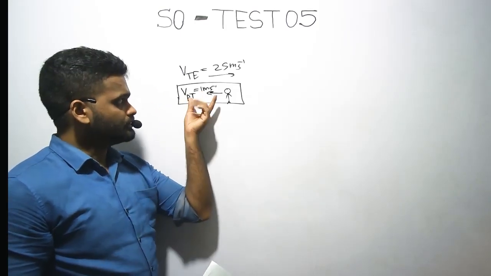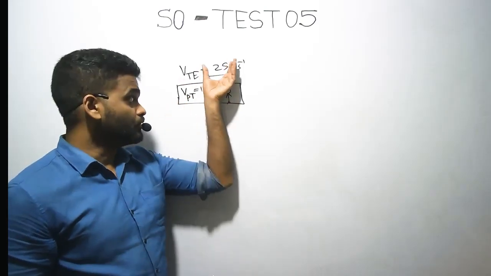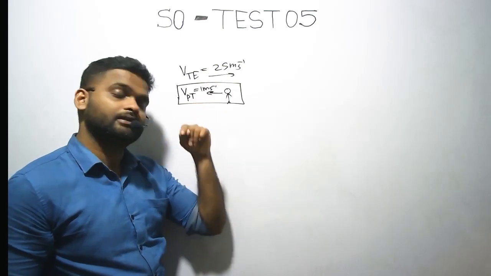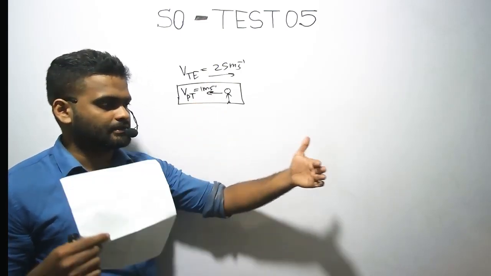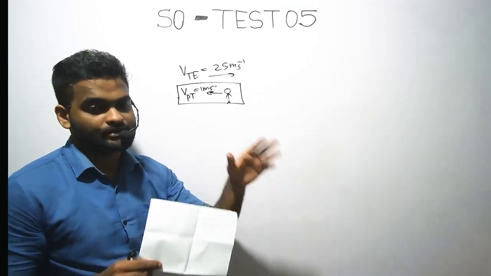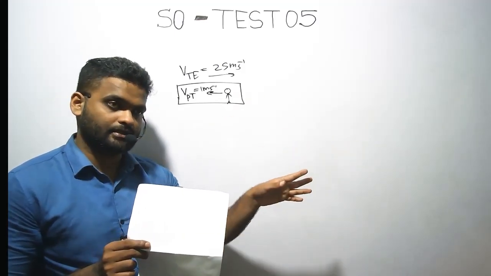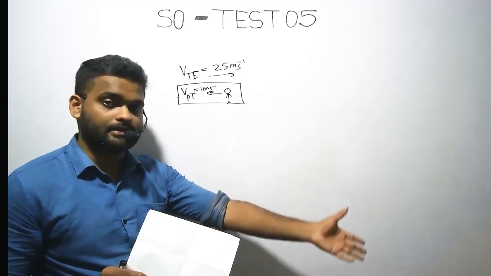So both of these velocities are not relative to Earth; this one is relative to Earth, this one is not. So in that case, you cannot use that rule, if it is opposite direction, add it, and if same direction, subtract it. You can only use that given that all those velocities are relative to Earth.